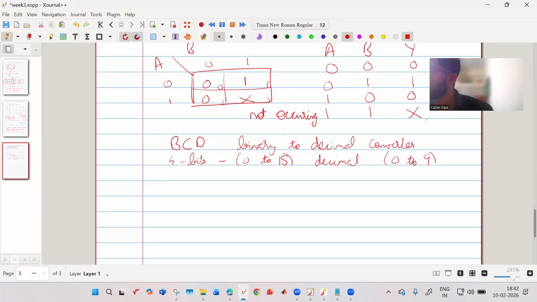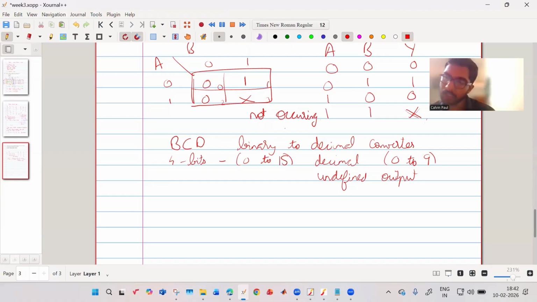So when the input is between 10, 11, 12, 13, 14, 15, the output is undefined, it is not a defined output.